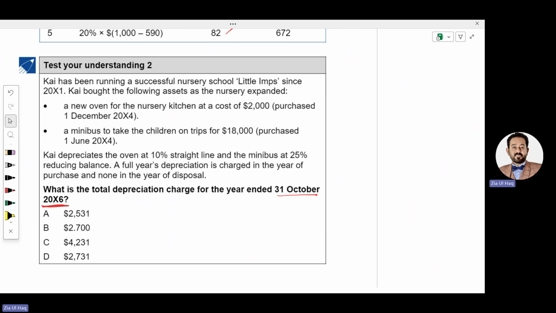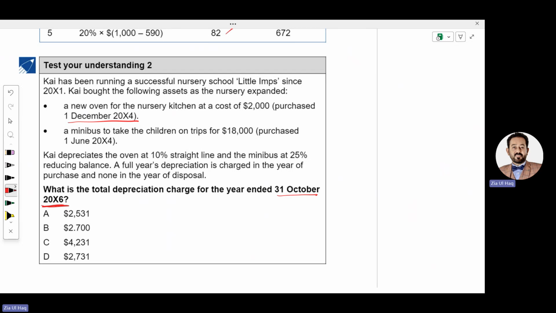Kai bought the following asset as the nursery expanded: a new oven for the nursery kitchen at a cost of 2000 purchased on 1st December 20x4. What's the year end? 31st October.